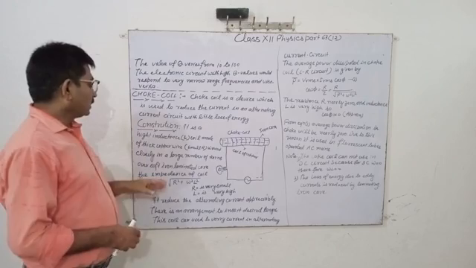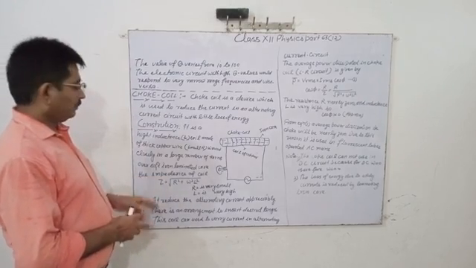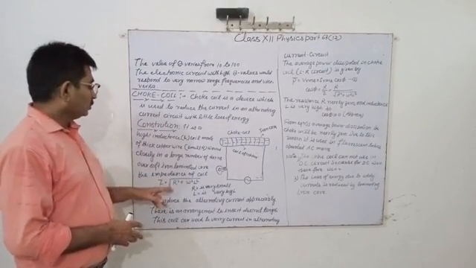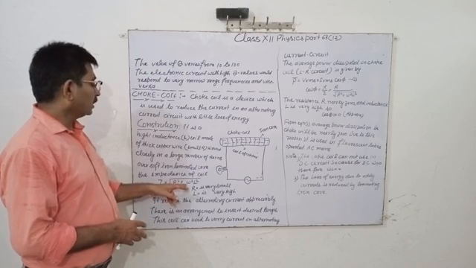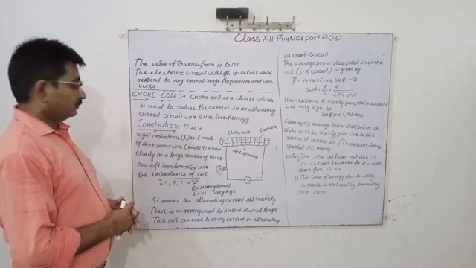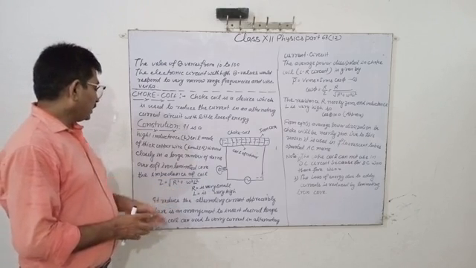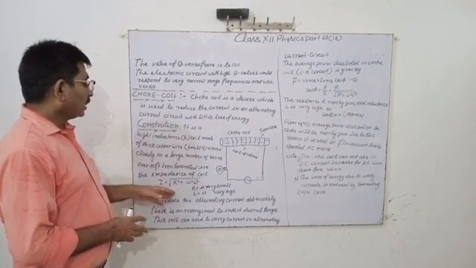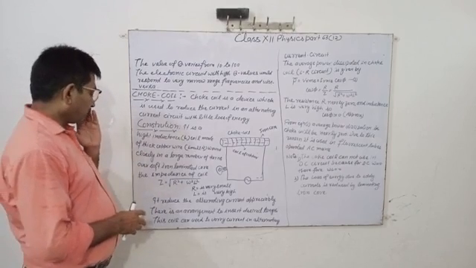Then the impedance of this coil becomes the square root of R square plus omega square L square. R is very small, L is very high. It reduces the alternating current appreciably.